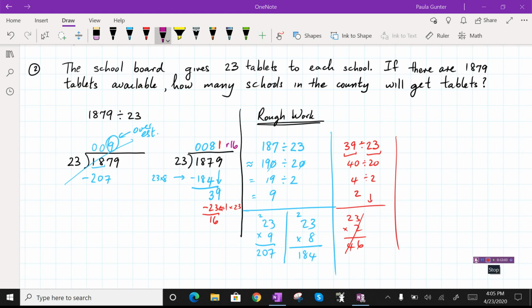We can check, is this really true, before we start answering the question. So let's check. What we're doing, we're multiplying 81 by 23, and afterwards we will add that remainder. Let me again do this where I use 2 different colors.